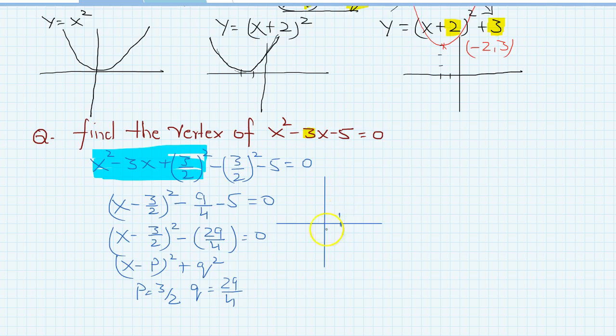This is x and the y is somewhere here. So this is the vertex, 3 over 2 and minus 29 over 4. That is how we can get the coordinates of the vertex.